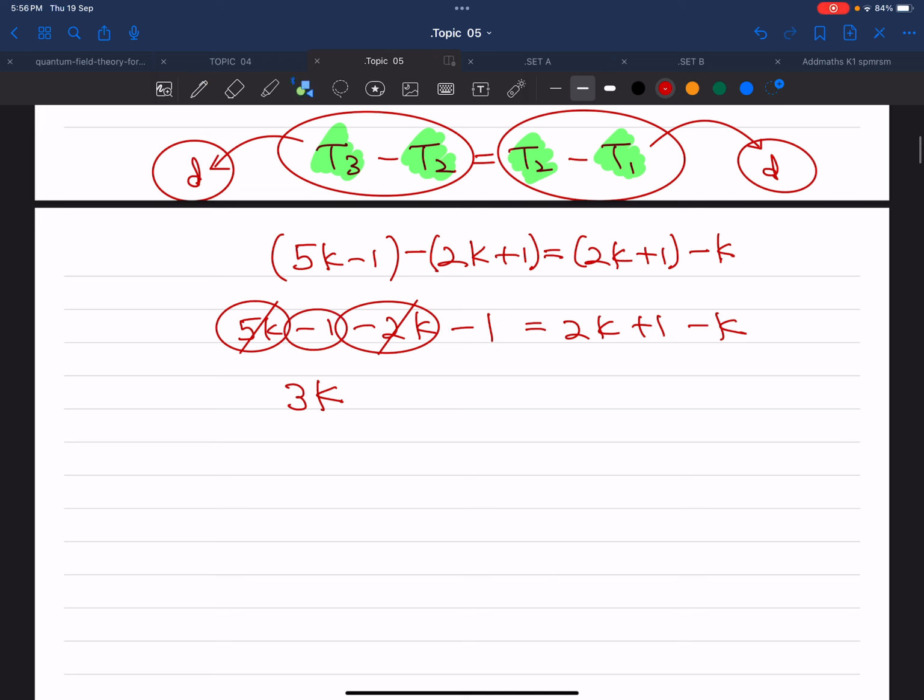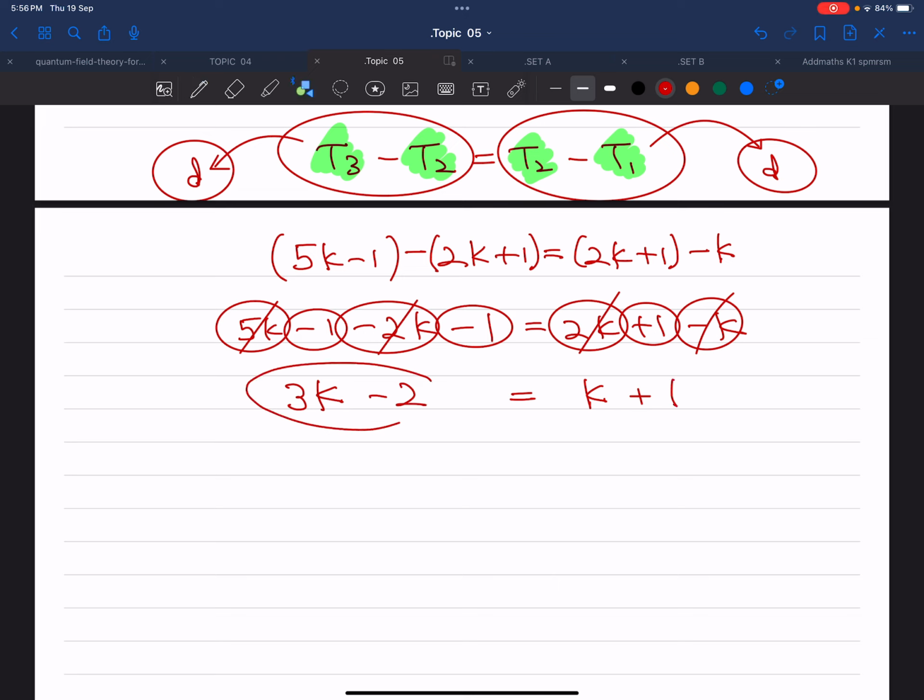And minus 1 gives us minus 2, equals 2K minus K, which gives us K, and then finally plus 1. Keep in mind that this left hand side and right hand side is actually the common difference D.